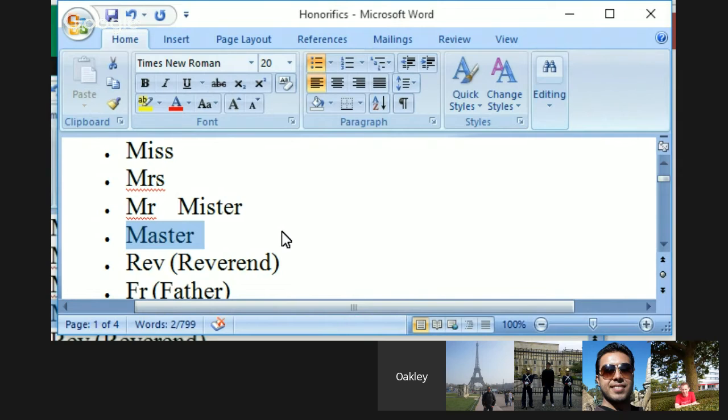I think master has different meanings as a noun, but maybe as an honorific, it is used to direct to someone who is your master, Raimundo.